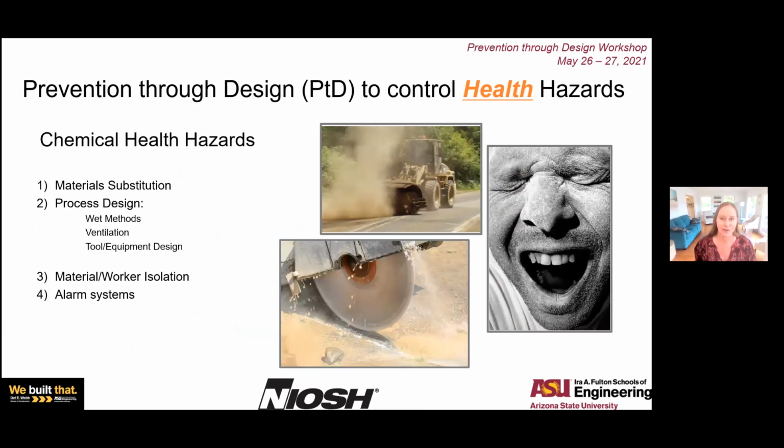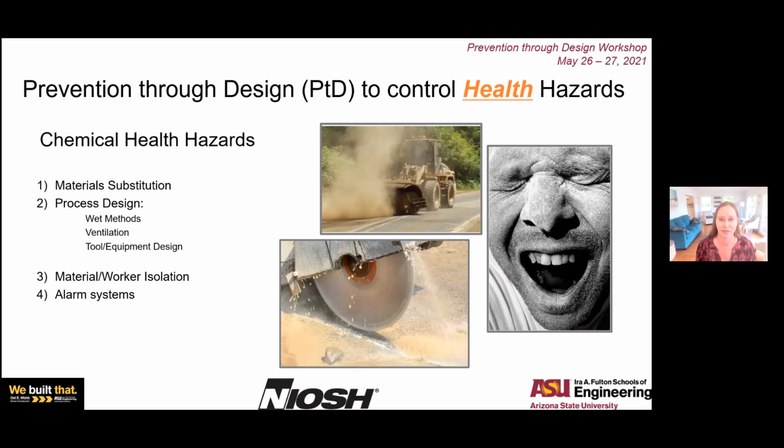There are two different categories of health hazards that I'm going to talk to you about that I just want to introduce you to. First is chemical health hazards. These would be things like vapors, fumes, dusts that are in the air that can cause adverse health outcomes for workers. And I've spent a lot of time working with the dusts in construction, and some of the best ways of designing equipment to control dust would be wet methods where we're spraying water.